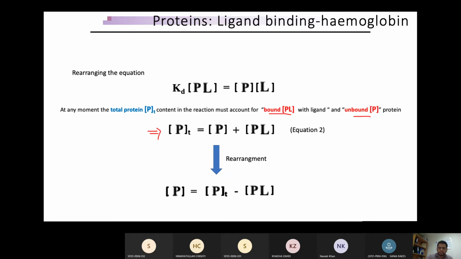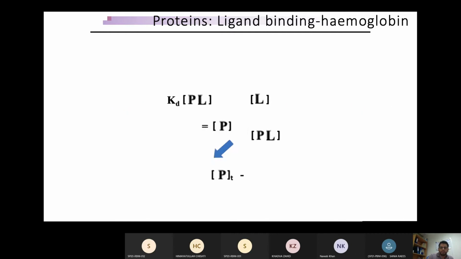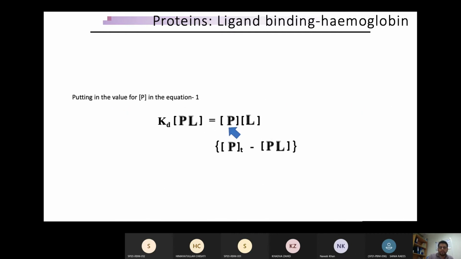So you could replace this unbound fraction with our equation, जिसको हमने rearrange करके equation 1 के साथ रखा है. So when you rearrange that fraction, you will replace this unbound protein section with this new expression, which is the total protein concentration subtracted by the bound portion of the protein.